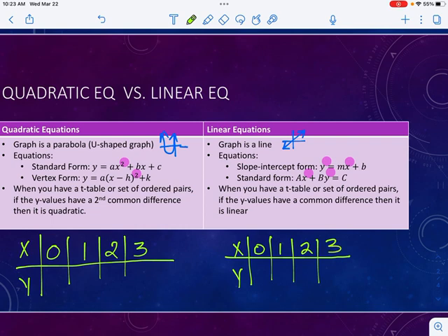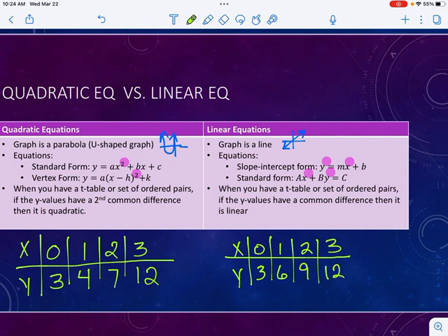So if I just put the x values 0, 1, 2, and 3, and let's say on this one, let's go 3, 4, 7, and 12. And over here, let's just go 3, 6, 9, and 12.